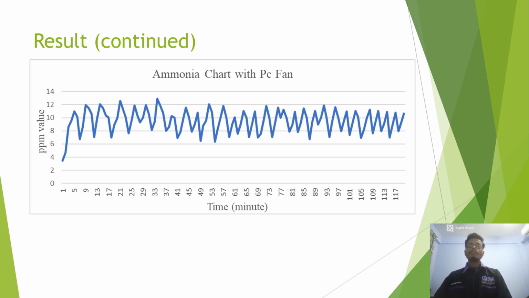The off interval for ammonia is very short because ammonia gas does not release easily in the partition, so the off and on conditions are slightly different compared to carbon dioxide. As we can see, ammonia's turn-on time is quite a bit longer, and the turn-off time is shorter compared to carbon dioxide.